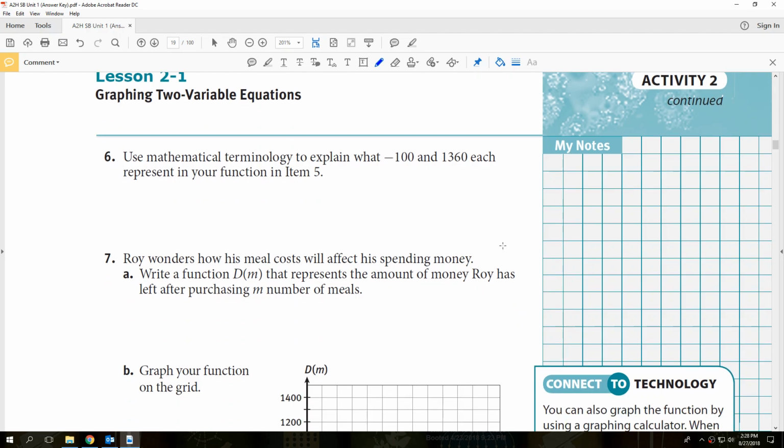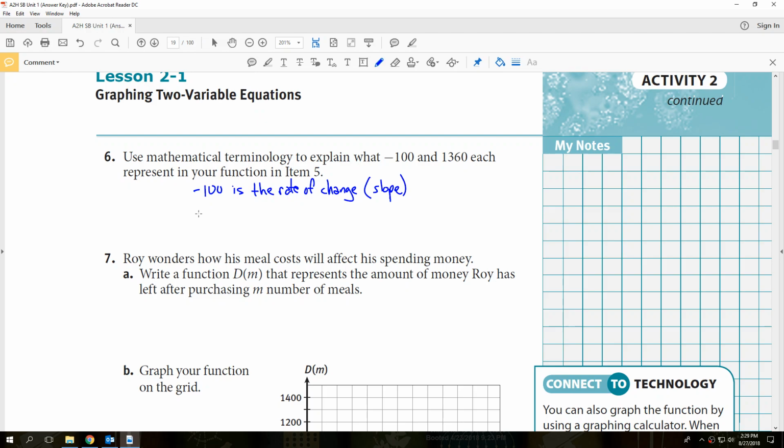So use mathematical terminology to explain what the negative 100 and 1360 each represent in your function. So negative 100 is the rate of change, or slope. I'll just put in parentheses, slope.